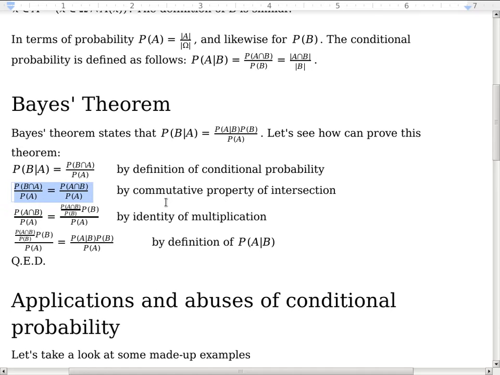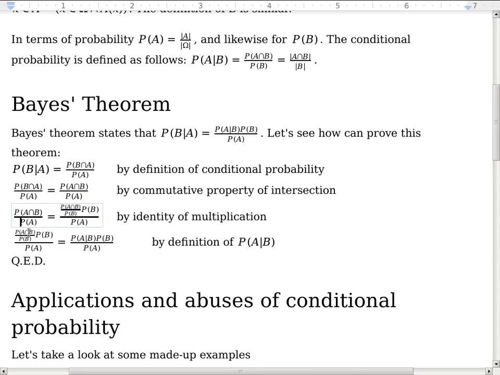Is that okay? All right, so that's the second line. On the third line, it is a little bit more tricky because I changed the numerator. The numerator is A intersecting with B, which equals the probability of A intersecting with B divided by the probability of B times the probability of B. In other words, all I'm doing is using the identity of multiplication, because we got P(B) as the numerator and then P(B) as the denominator. Multiplying something by 1 should not be a problem.